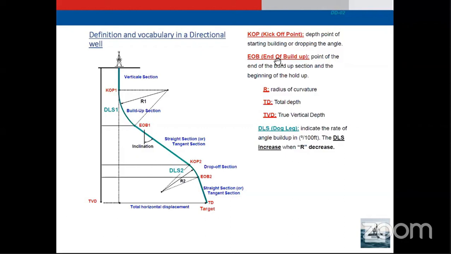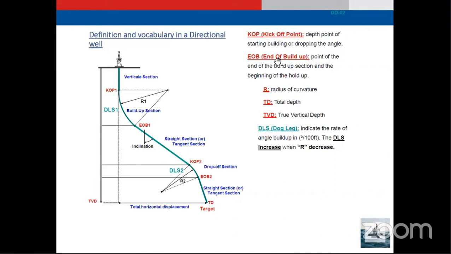Whipstock we use for the window cut in the casing. Yes, I mentioned it for Sarah, as she said it's used in her country for casing windows. How do we build the angle during window cut?